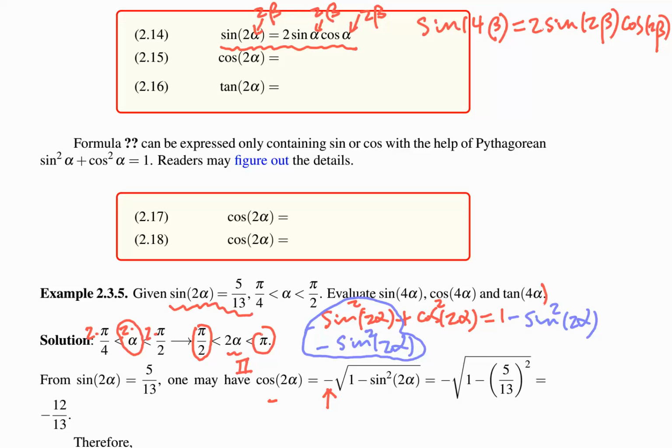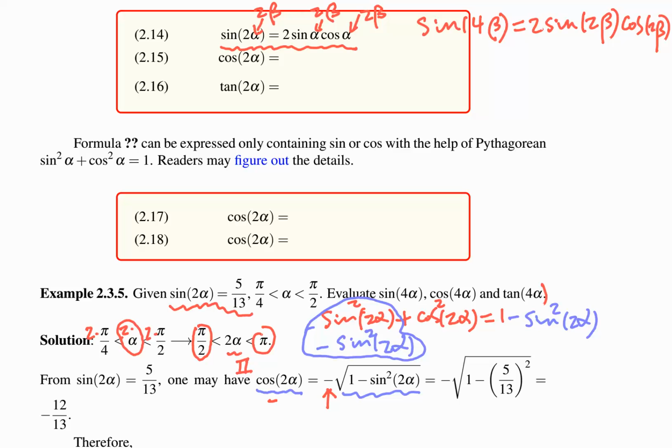So cosine 2 alpha squared is 1 minus sine 2 alpha squared. Choose the square root, so you then have the one right here on the left. Choose the square root, that's how you get this. Again, negative sign comes out from here is because cosine 2 alpha is negative.